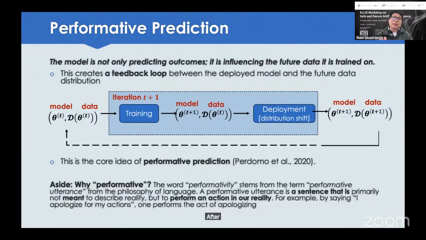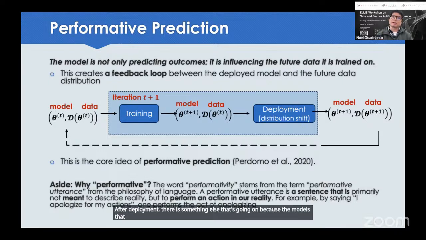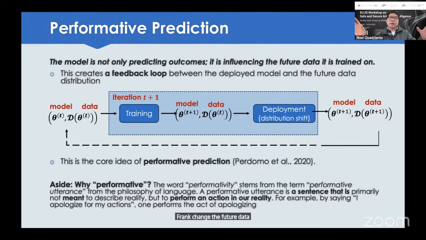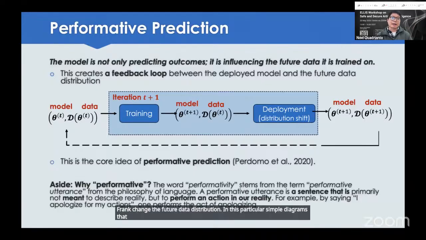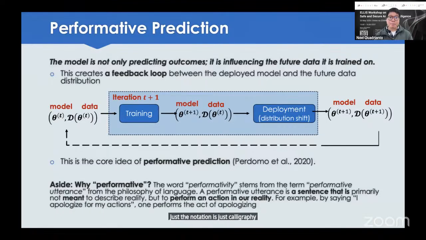After deployment, there is something else going on, because the models that we deployed change the future data distribution. In this simple diagram that I put there, we start with some model and some data. The model is theta t, and the data is, in notation, calligraphic D of theta t.